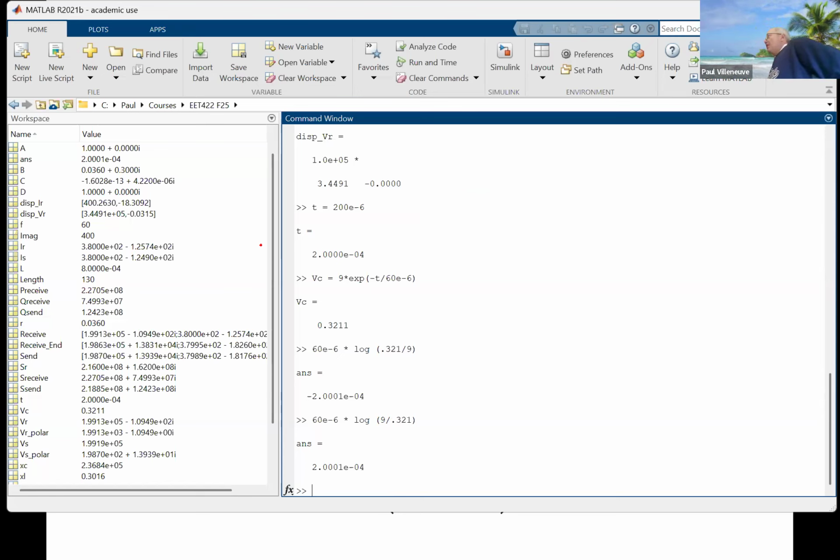If you want to actually solve for a specific time, like if you're designing a senior project and you've got an RC circuit and you want to figure out, hey, how long is this going to take for this thing to charge to a certain value or discharge to a certain value? You can go ahead and calculate that. We did a 555 timer in EET324 this week, which had a resistor capacitor connection.